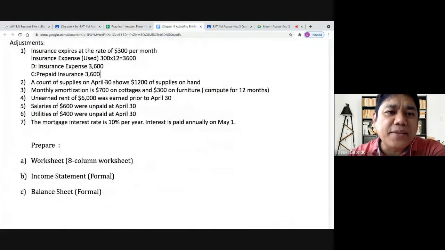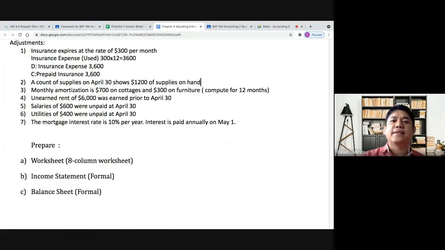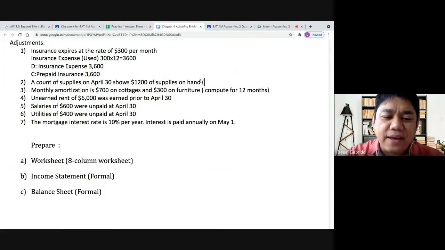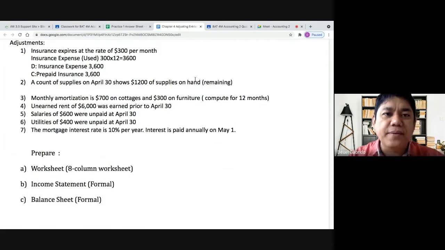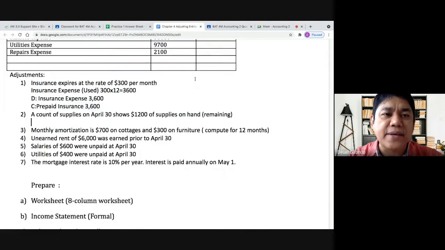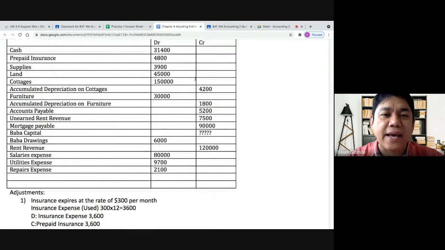Account of supplies on April 30th. Guys, number 2. Account of supplies on April 30th shows 1,200 of supplies on hand. Supplies on hand means what is left. On hand is the remaining, in short. So if I ask you, how much is the total supplies that we have unadjusted?